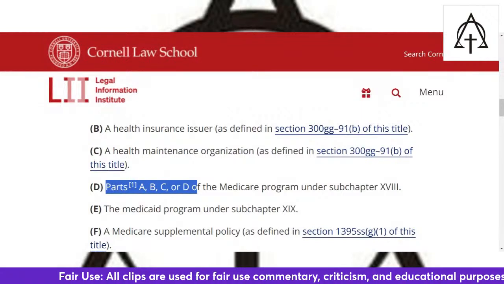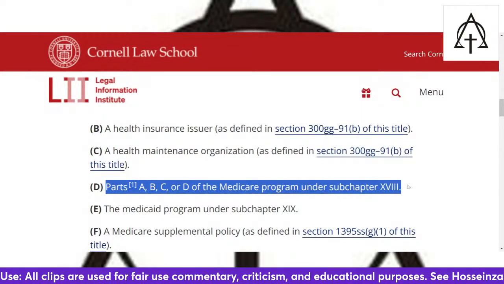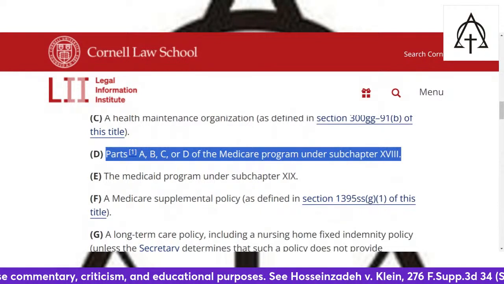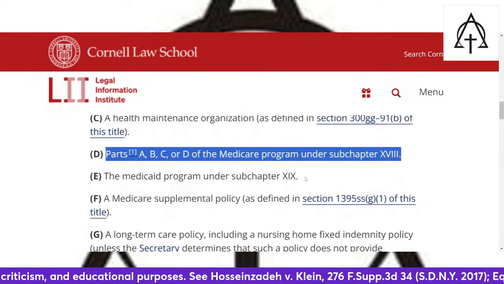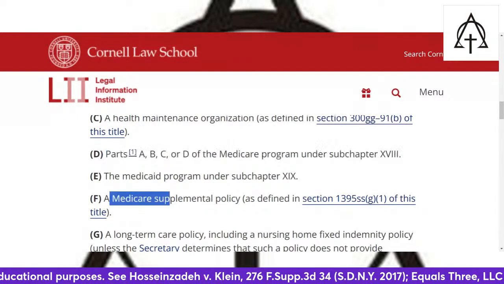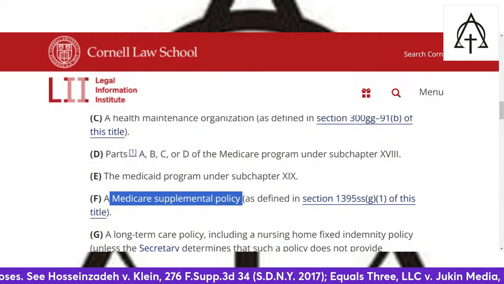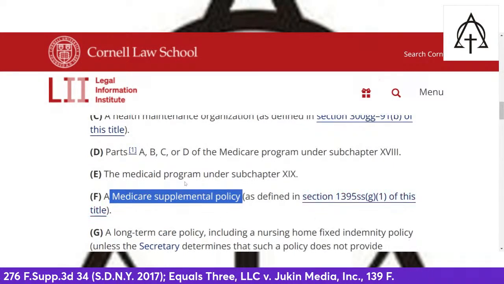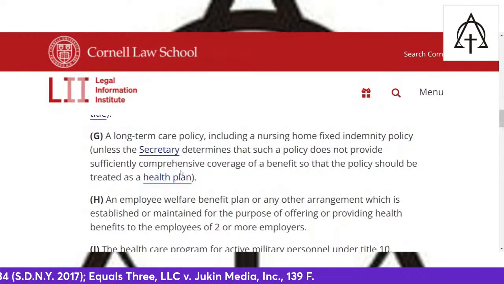Parts A, B, C, or D of the Medicare program under subchapter 18. Medicaid program under subchapter 19. A Medicare supplemental policy, as defined in Section 1395ss(g)(1) of this title. Does anybody understand any of this?